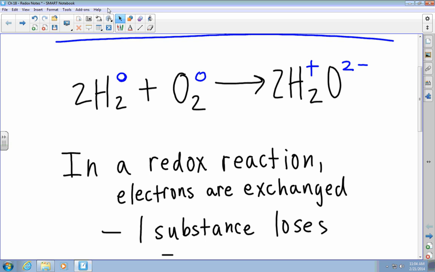The oxygen is actually gaining 2 electrons because it's going from 0 to 2 minus. To do that, each oxygen atom has to gain 2 electrons. That's why it ends up with a 2 negative charge. So the hydrogen is losing electrons, and the electrons that the hydrogens are losing are being gained by the oxygens. So there's an exchange of electrons.